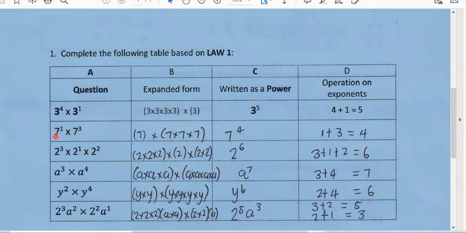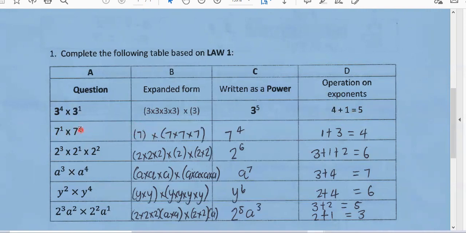Now for the second example, we're still applying the same thing. You are multiplying and the bases are the same. So expanded form again. The exponent of the first base is 1, so that means you must only write the 7 1 time. Then multiply by 7 to the power of 3.